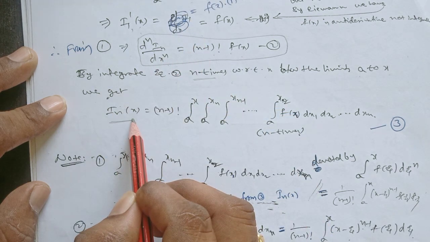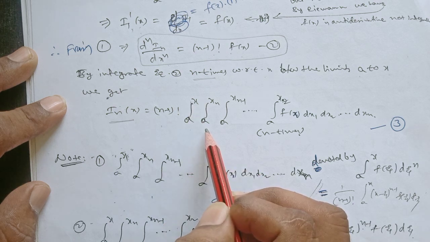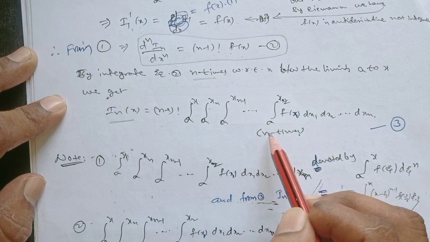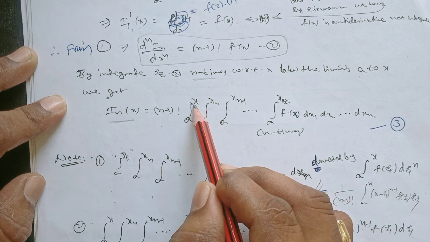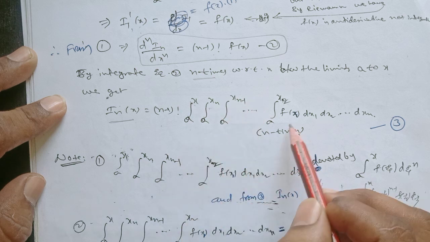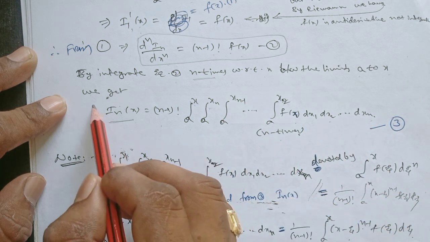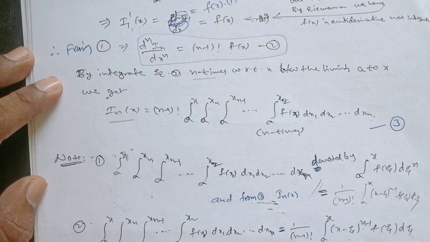Then n minus 1 factorial times the integral a to x, n times: a to x_n, a to x_(n minus 1), and so on, a to x_2, of f of x_1 dx_1 dx_2 and so on dx_n. Integrating n times, we get this one. This is the formula for differentiation under the integral sign, I_n(x) is equal to this one. Now given I_n(x) is also written like this, right?